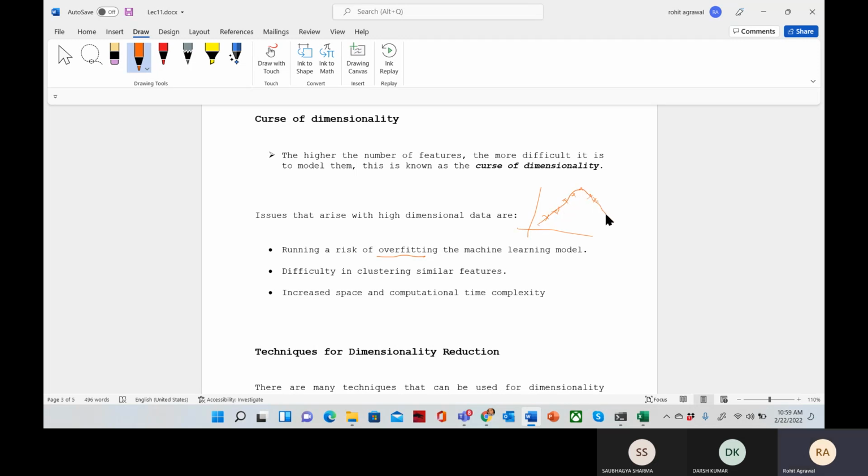The model is too accurate in fitting the training data very well. You can see it fits the training data very well, but it will not fit the testing data. Suppose this is the testing data.